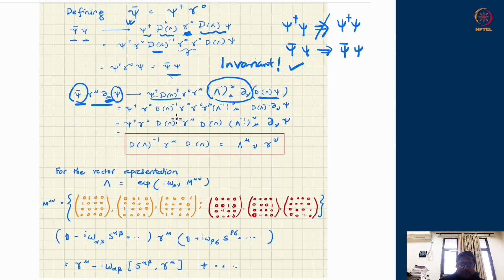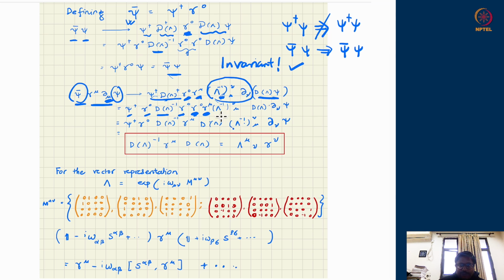Overall, you can just combine: you will have a psi bar on the left, and this D dagger is equivalent to gamma naught D inverse gamma naught. Then there was already a gamma naught present here, and this gamma mu is already there, with lambda inverse, which will appear from the transformation of the derivative operator.